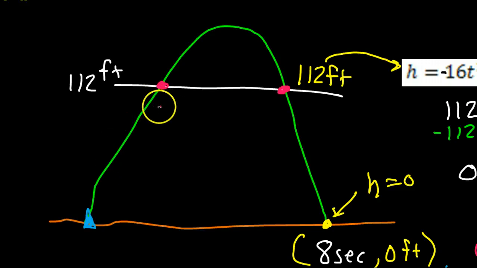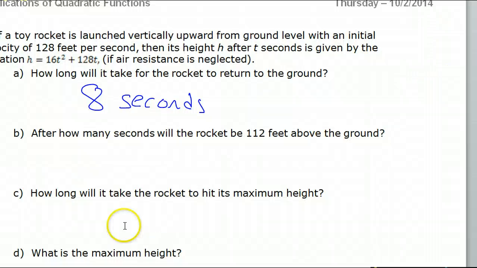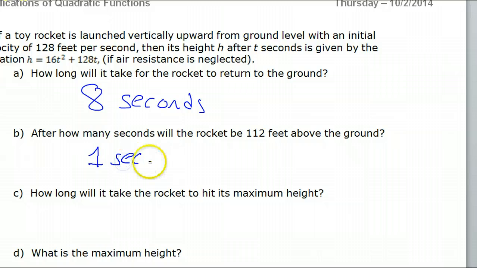So apparently on the way up, it hit after 1 second, and then on the way down, it was after 7 seconds. Okay, so both are valid. So after how many seconds will the rocket be 112 feet above the ground? 1 second and 7 seconds.